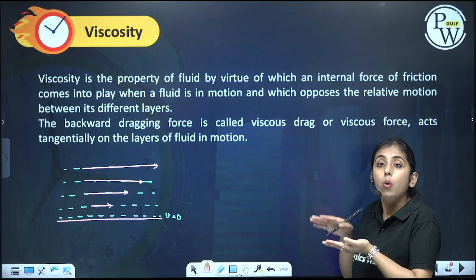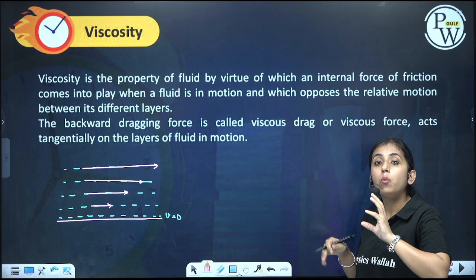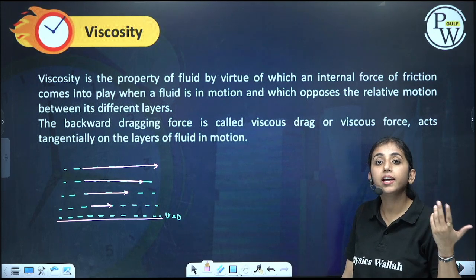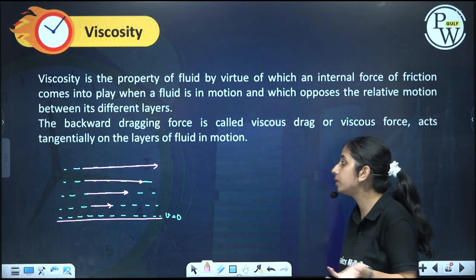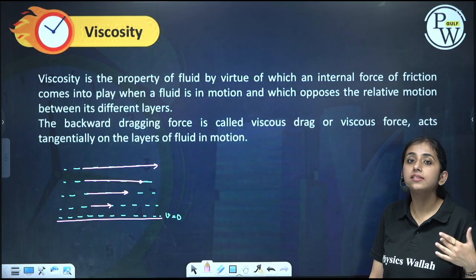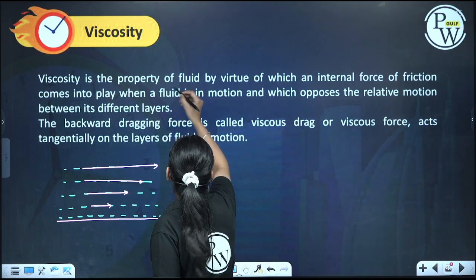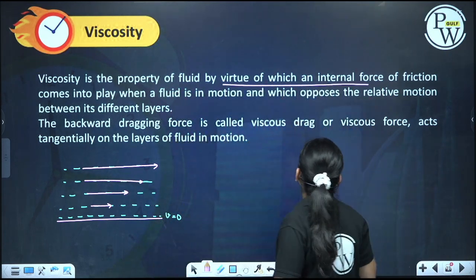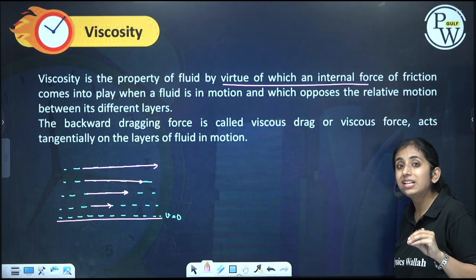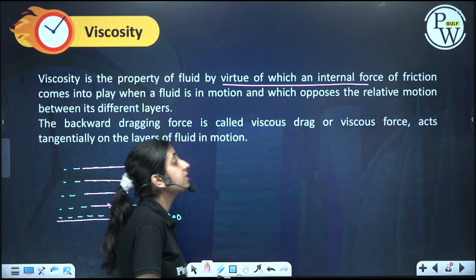What is happening? One layer of fluid is trying to slide over the other layer. In friction, when one body tries to move over another, there is a backward drag force, friction. Similarly, when one fluid layer tries to slide over the other, there is a backward drag force called viscous drag. Viscosity is the property of a fluid by virtue of which an internal force of friction comes into play when the fluid is in motion, and which opposes the relative motion between its different layers.